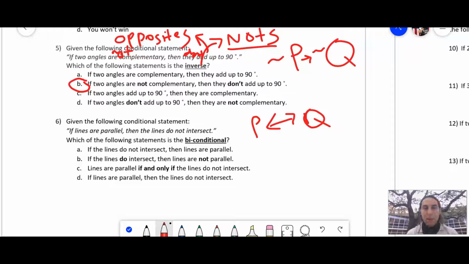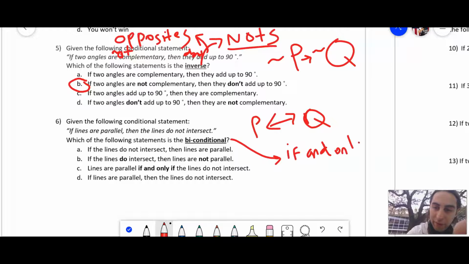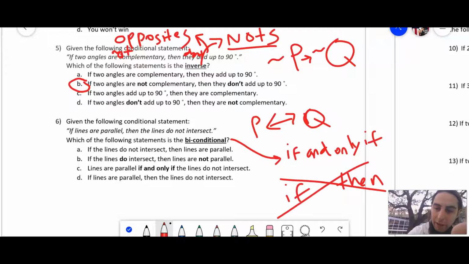So, in this case, technically, there are lines that don't intersect that are skew, so we're just going to give the biconditional form of this sentence. And remember, for biconditional, you have to use if and only if in the middle. Biconditional is not if then.